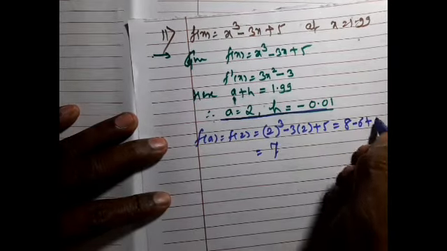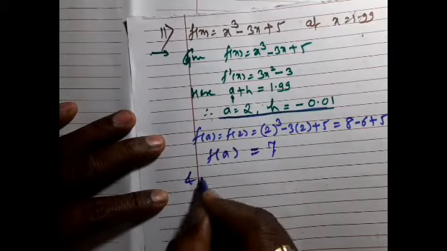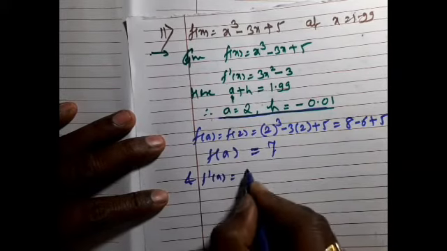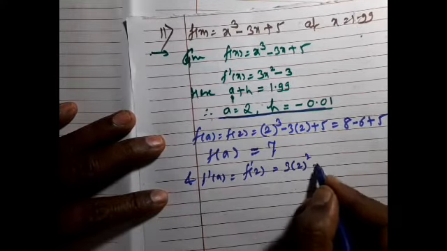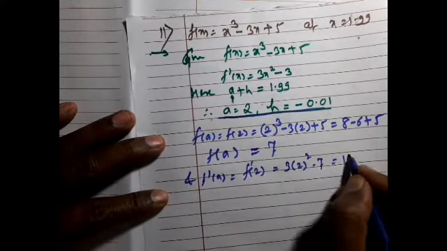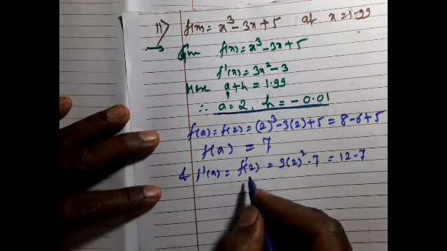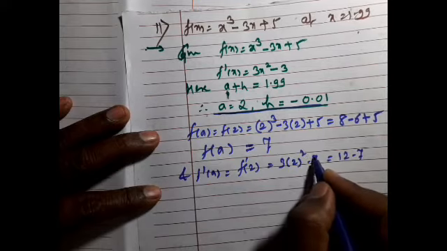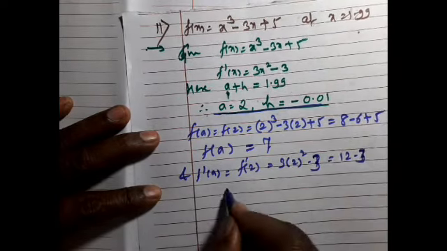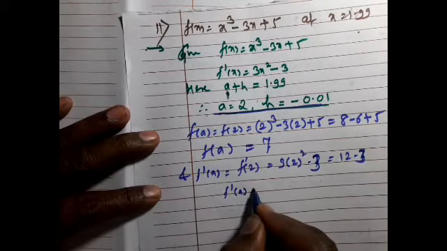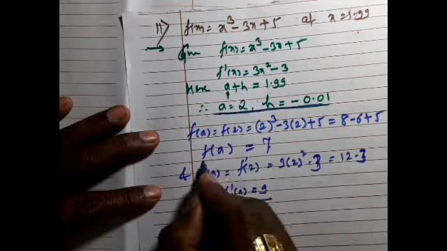So f of a is 7, and f dash a, that is f dash of 2, is 3 into 2 square minus 3, that is 12 minus 3, so f dash a is equal to 9.